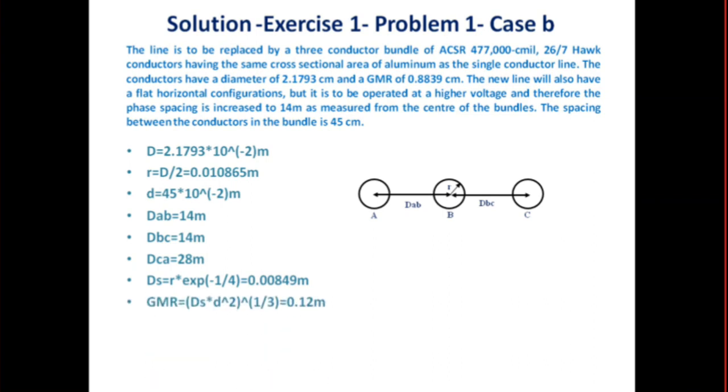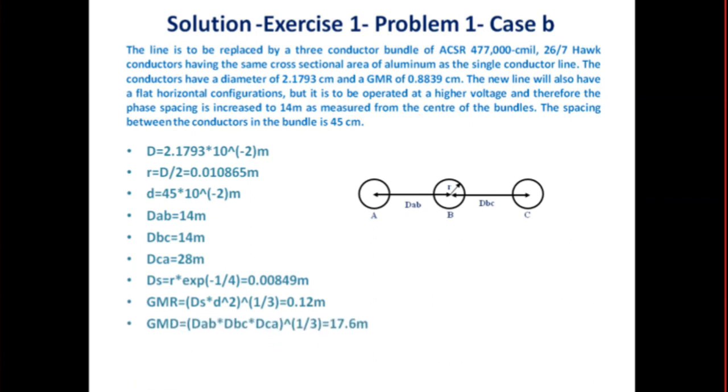Here it is a 3-conductor bundle. For a 3-conductor bundle, the equation for GMR is the cube root of Ds into d squared. Ds is equal to 0.00849, small d is equal to 45 into 10 to the power minus 2 meters, so that you get the value for GMR as 0.12 meter, right?